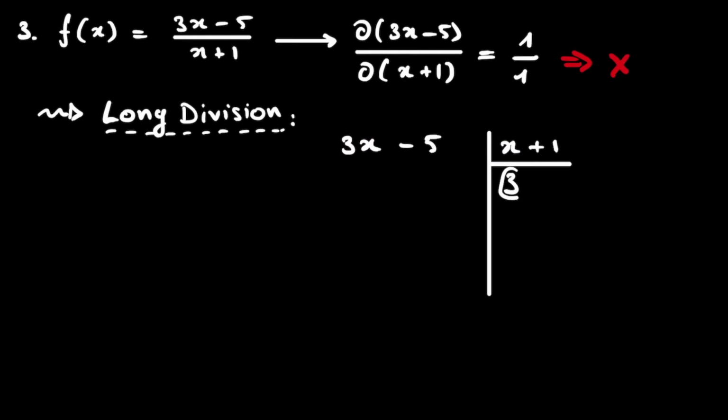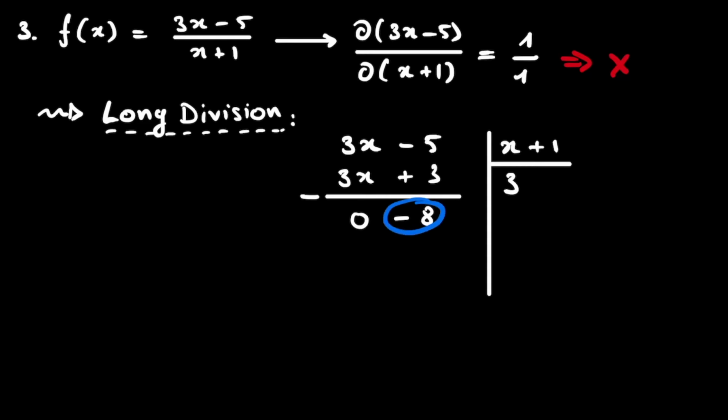Then we multiply this 3 with each of these two terms in this polynomial, and we get for the first multiplication simply 3x, and for the second one, we have simply 3 multiplied with 1, which is, of course, plus 3. If we subtract these two polynomials that we obtain, then we simply get 0 for the first term and minus 5 minus 3, which is of course minus 8.